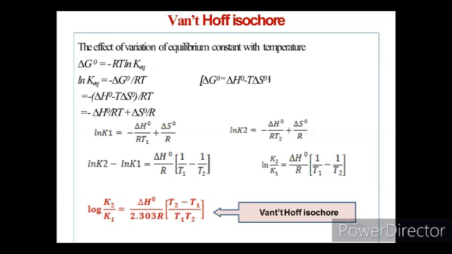Delta G0 equals minus RT ln K equilibrium. Taking ln K equilibrium on one side, that is equal to minus delta G0 by RT on the other side. But we know that delta G0 equals delta H0 minus T into delta S0.